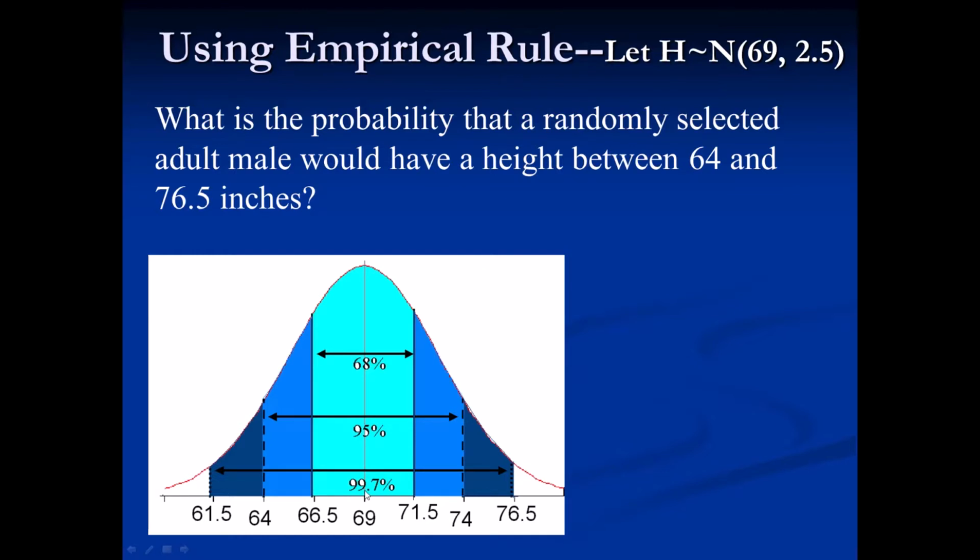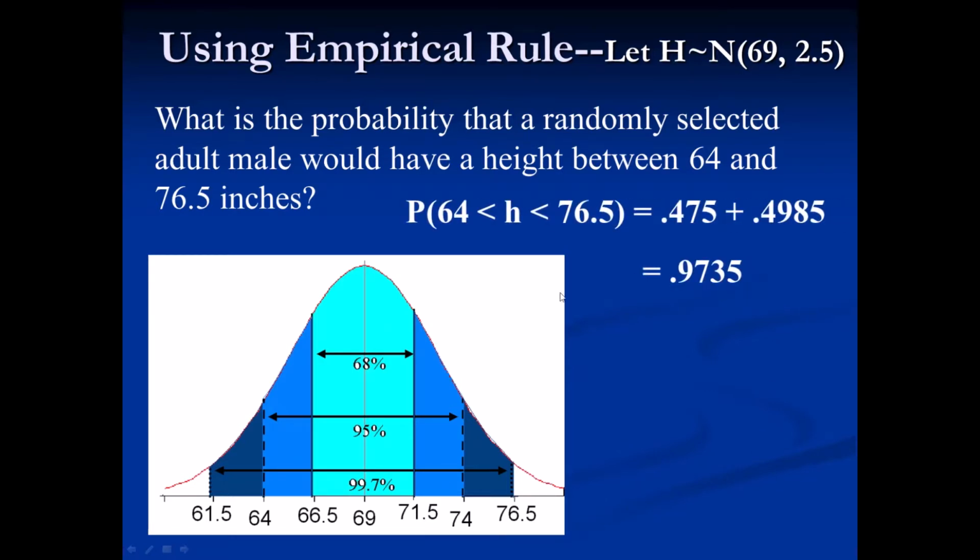And then this would be 0.5, except you're going to subtract this little piece right here, which is 2.5%. They're doing it a little differently. My way would be 0.5 minus 0.025, which would be 0.475.